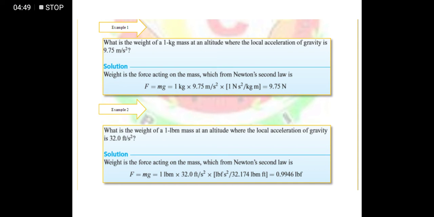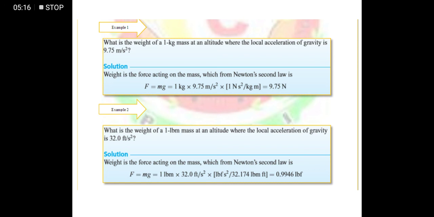English units are the units used long ago, before the metric system was invented. For mass, we have lbm, or pound mass. For acceleration, we have feet per second squared. And for weight or force, we have pounds, pound force I mean.